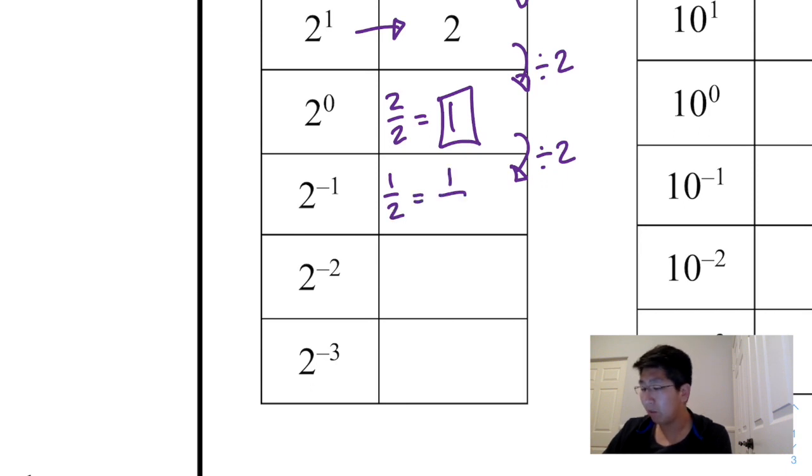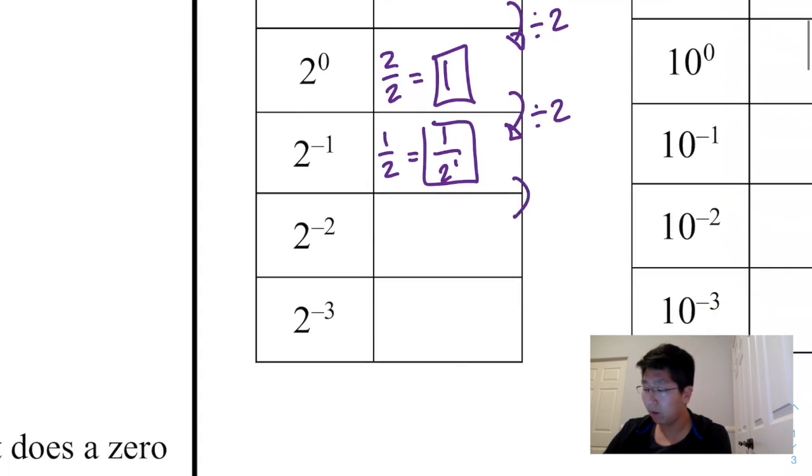And that's the same thing as 1 over 2 to the first power. And here we're going to be dividing by 2 again. So 2 to the negative second power is going to be 1/2 divided by 2, which is 1/4, or we could say 1 over 2 to the second power.